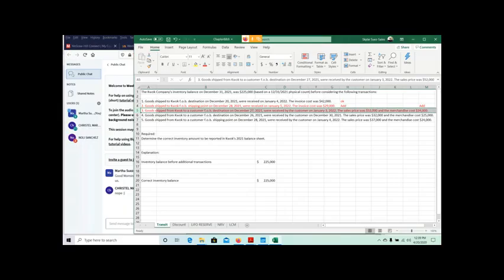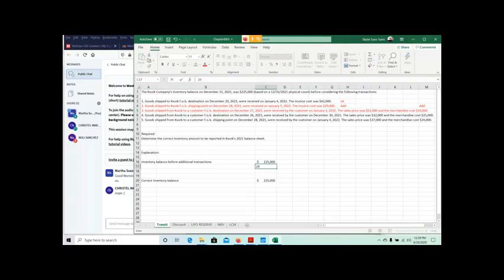These should be added to the 225, so 29,000 and then 34,000. So the correct amount of ending inventory as of December 31st is 288,000. Are there any questions regarding this inventory, when to add it to inventory and when not?